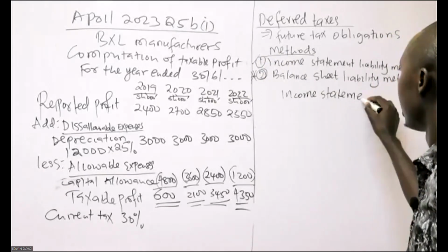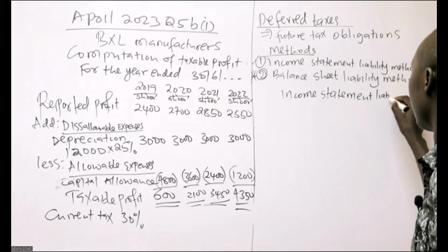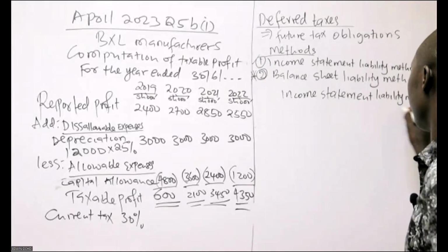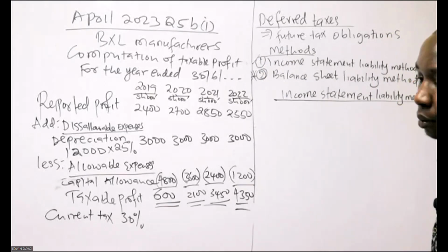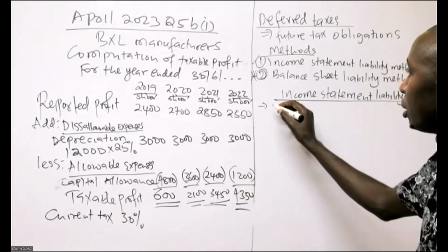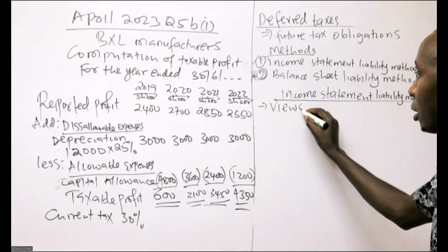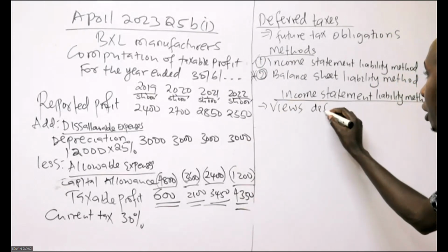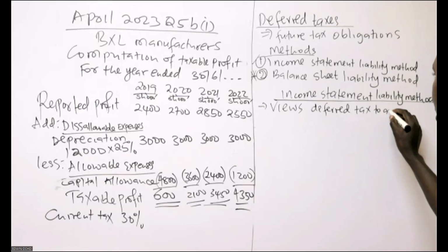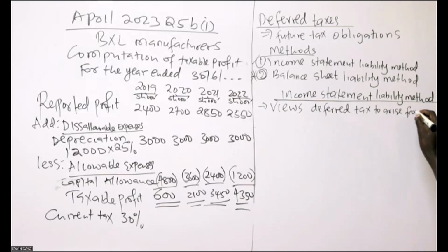What does it mean? The income statement liability method views deferred taxes to arise from permanent differences.